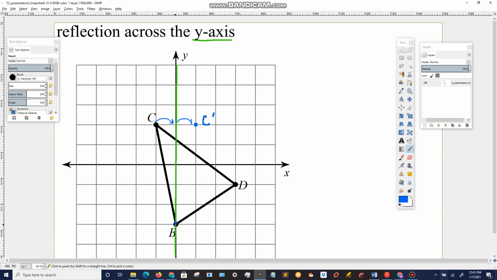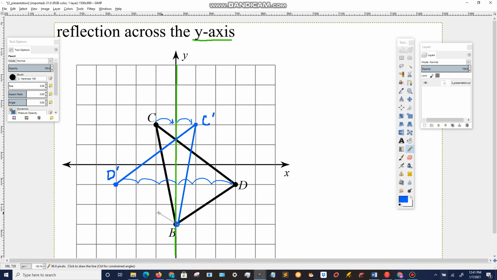B is going to stay exactly where it is because it's actually on the mirror. And then D is, let's see, it's 1, 2, 3 units away from the mirror. So I'm going to go 1, 2, 3 over here, and put that one there. And as far as drawing the thing, I'd be done at that point.